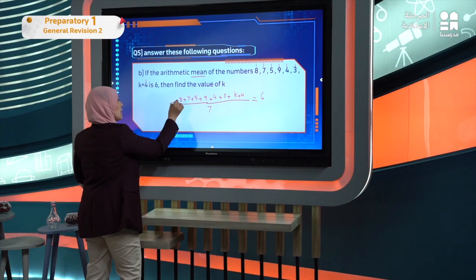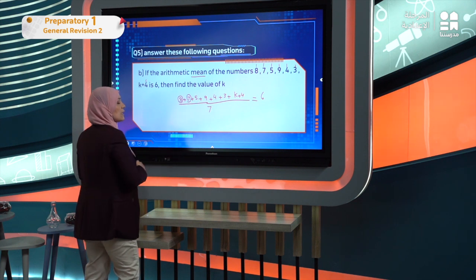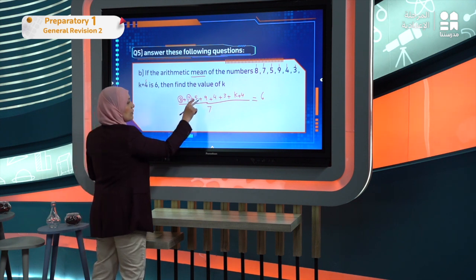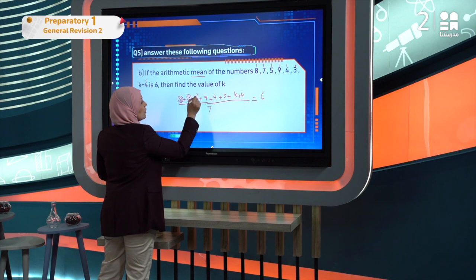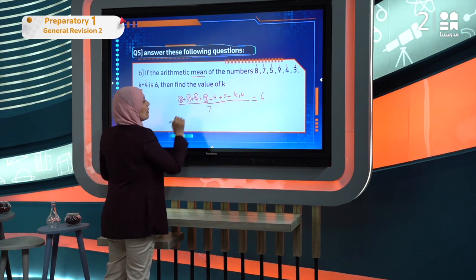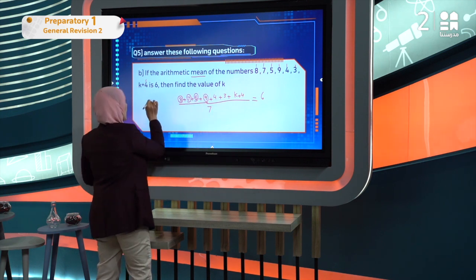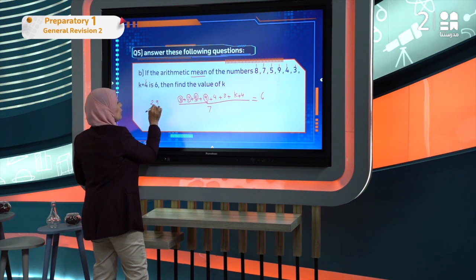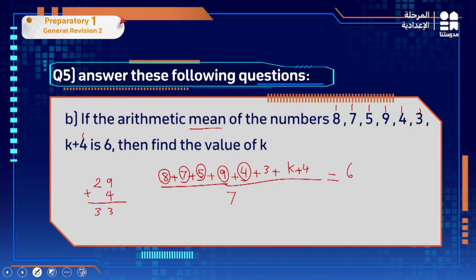Let's add them. 8 plus 7 is 15. Plus 5, 20. 20 plus 9 is 29. Then here we have 29, be with me, plus 4 is 33. Plus 3 more is 36. Plus 4 is 40. 40 plus k over 7 equals 6.